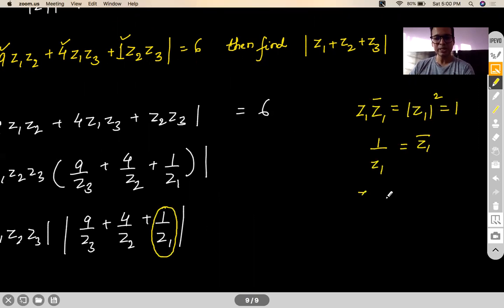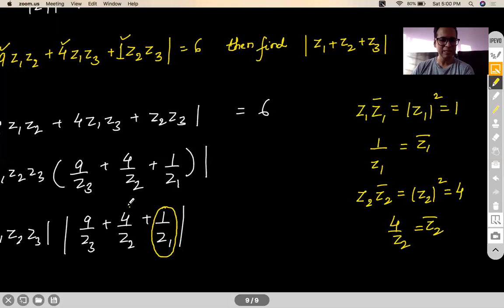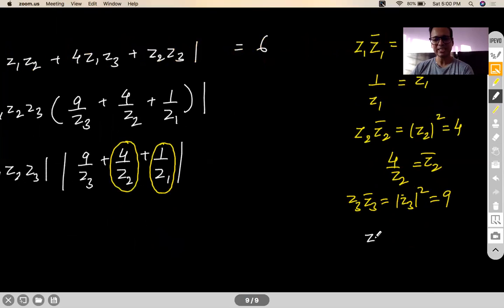Similarly, Z2 into Z2 conjugate is mod Z2 square, which is actually 4. So 4 by Z2 will become Z2 conjugate. Similarly, Z3 into Z3 conjugate is mod Z3 square, which is actually 9. So I can say Z3 conjugate is 9 by Z3. So this guy here will be Z3 conjugate, right?